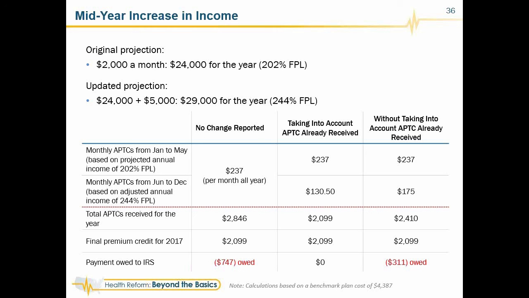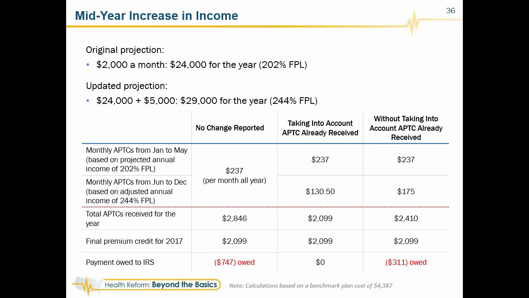So that's what happens when you take into account the amount of APTC that was already received. Because you start with the $237 a month, then based on the new income, you have $130 a month, and the total APTC works out precisely like that.